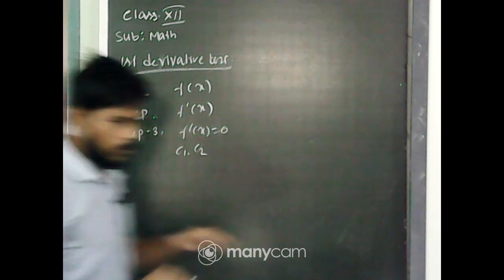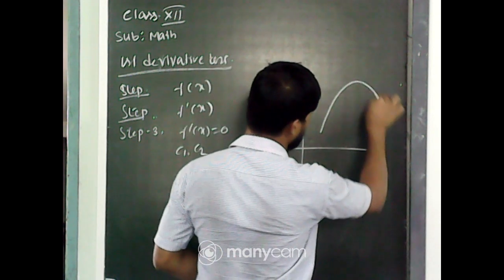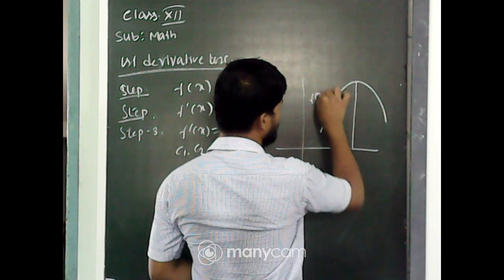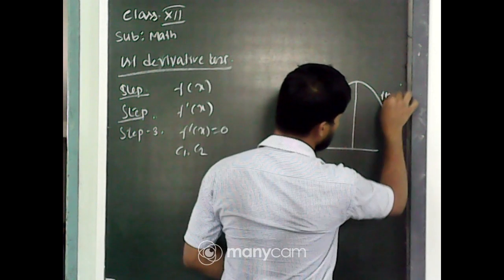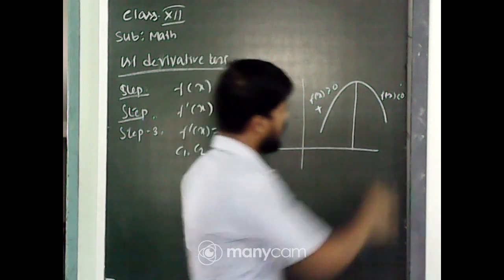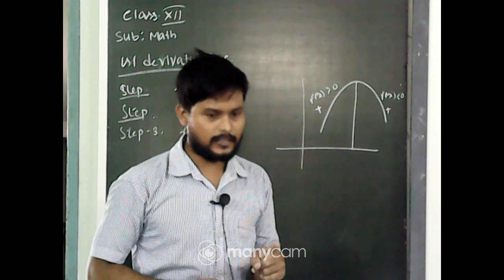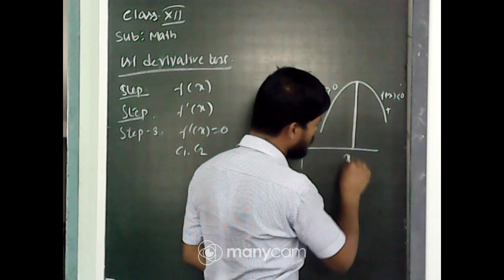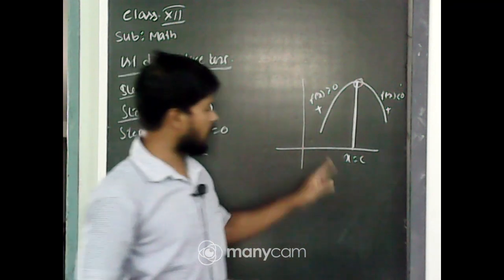Now look, we have drawn a graph here like this. If f dot x is greater than 0 on one side and f dot x is less than 0 on the other, meaning it is positive on one side and negative on the other, then there exists a maximum point at x equal to c, where c is the critical point of the function in this interval.